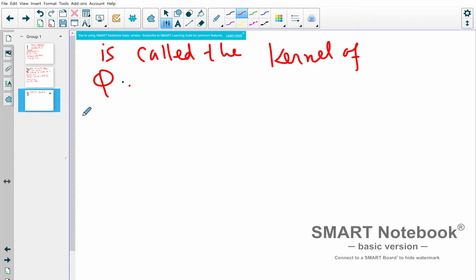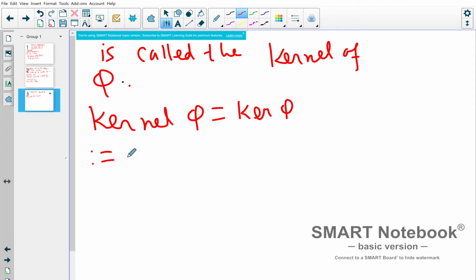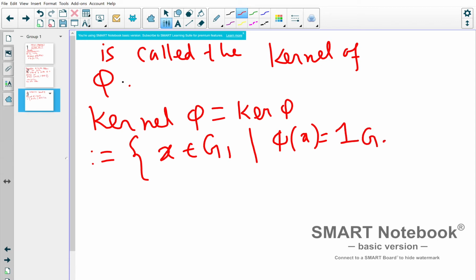By definition, the kernel of phi, which we write with the symbol ker phi, is the collection of all those x belonging to G1 such that phi of x is the identity. Identity means identity in G2, because these images are in G2. So by definition you can easily see this is a subset of G1, and we will check whether it has some property or not.